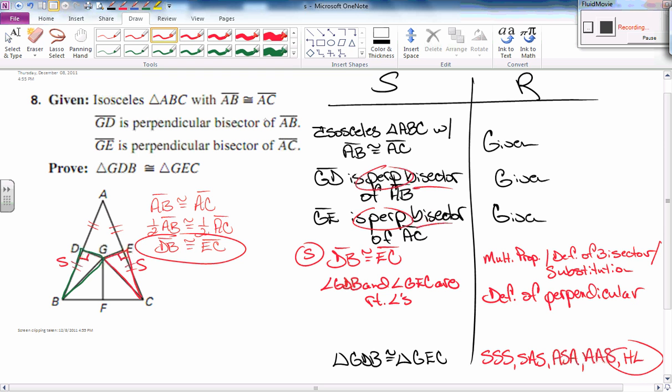Well, if GD is a perpendicular bisector and so is GE, that means that this point G has to be the circumcenter. Okay?